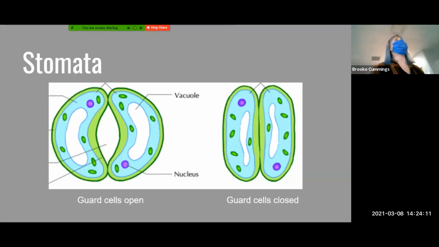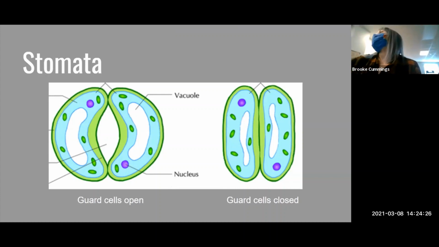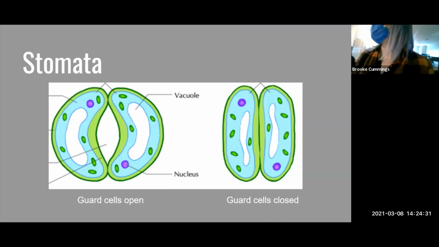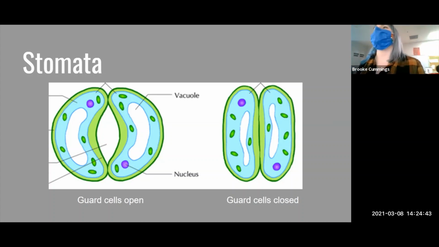Yeah, so that's what it looks like. When it's open, the guard cells split apart from each other. They leave a little bit of a hole. And then when it's closed, the guard cells are closed tight on each other. Close up that hole. So the stomata would be closed, say if it's been dry lately and there hasn't been a lot of water, or it's just a particularly hot day, maybe.